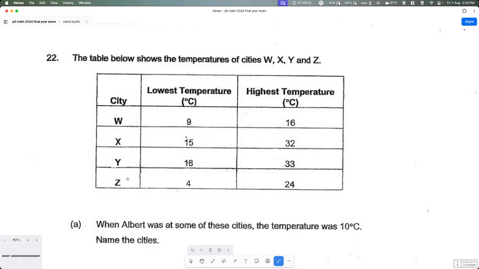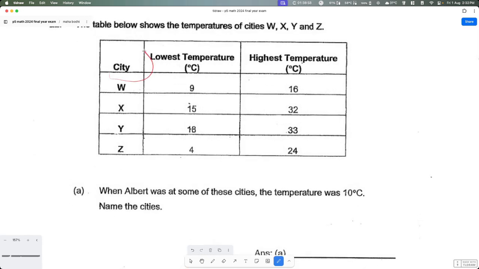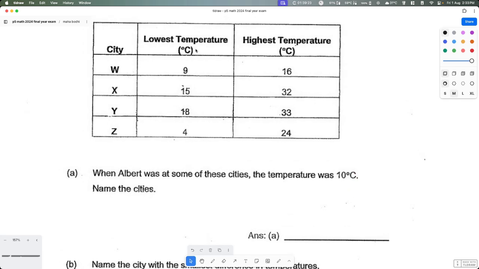Question 22. So the table below shows the temperature of cities W, X, Y and Z. So we have city W with lowest temperature 9, highest temperature 16, X lowest temperature 15, highest temperature 32, Y lowest temperature 18, highest temperature 33, and Z lowest temperature 4 and highest temperature 24. So at some of these cities, the temperature was 10 degrees. Name the cities. So we want to know that 10 degrees must be in between.